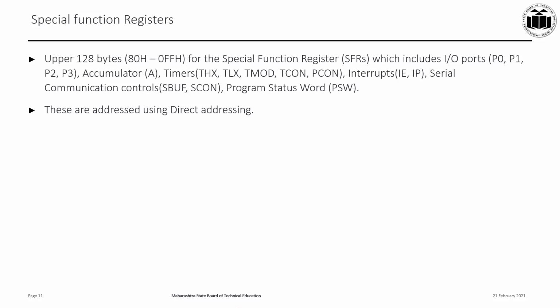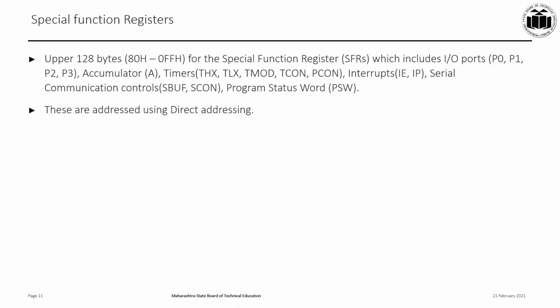The special function registers. The upper 128 bytes, that is the locations from 80 hex to FF hex, are reserved for the special function registers. The special function registers include the ports P0, P1, P2, P3, the accumulator A, register B, the control registers, the timer registers, the interrupt control registers, which are IE and IP, the serial communication controls, SBUF and SCON, and the program status word.